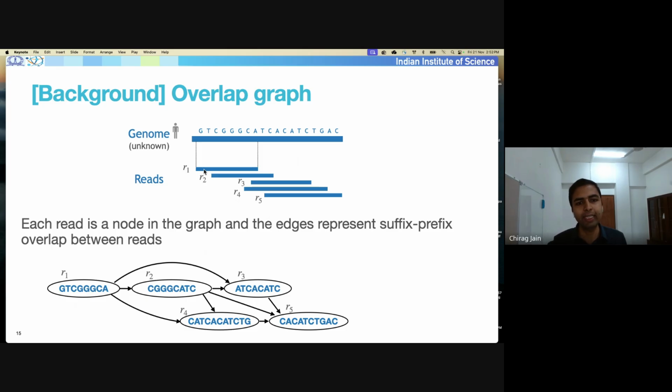For example, you can easily see here that R1 and R2 have a suffix-prefix overlap. Similarly, R2 and R3 have a suffix-prefix overlap. R1 and R5 don't have a suffix-prefix overlap, so you don't have an edge connecting R1 to R5 directly. This is a simple definition: each read is a node, and the edges indicate suffix-prefix overlaps between the reads.